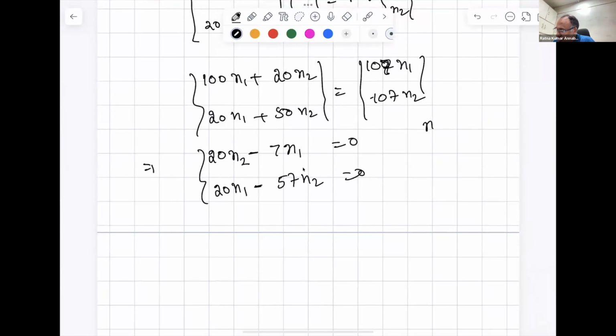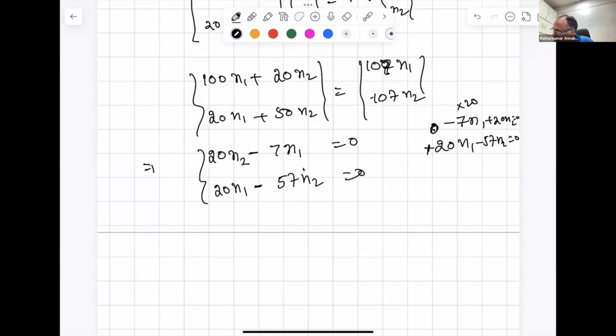So, what do I get? Can I solve these two equations? Minus 7 N1 plus 20 N2 is equal to 0. 20 N1 minus 57 N2 equal to 0.